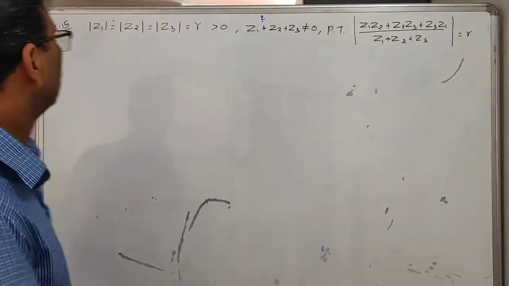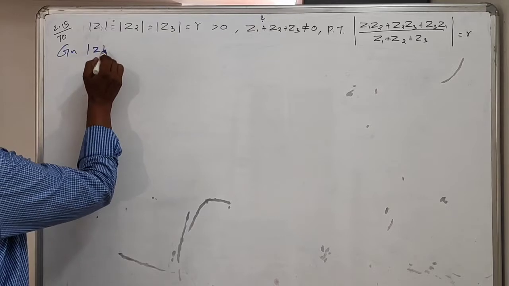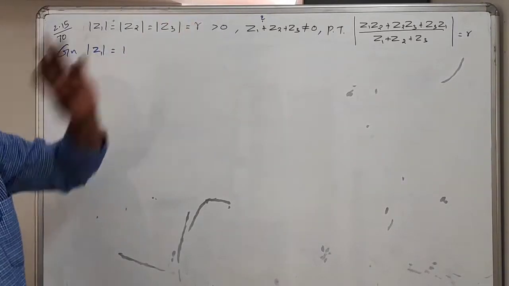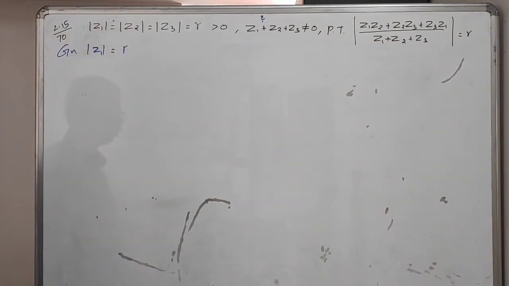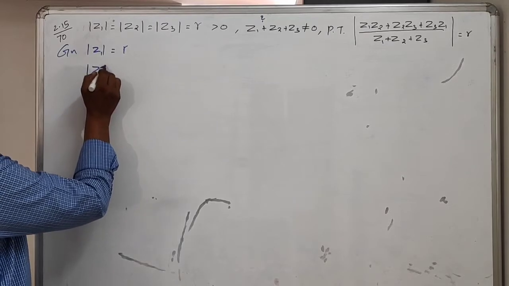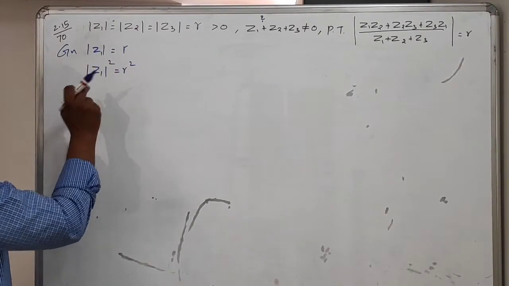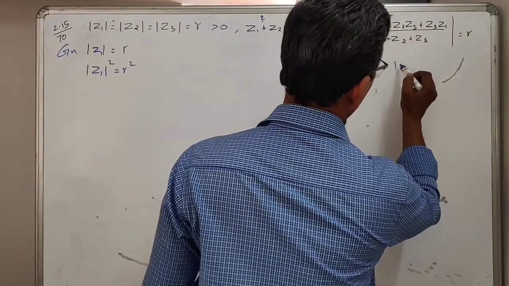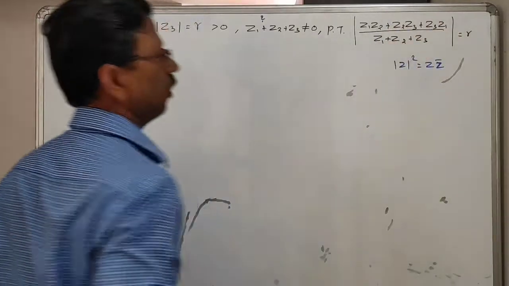In the previous problems, modulus Z1 is equal to 1 was given, isn't it? Instead of 1, what is given? R. Therefore, you can write modulus Z1 is equal to R. We know very well, squaring, modulus Z1 square is equal to R square. Now how do you write modulus Z square? Modulus Z square can be written as Z into Z bar like previous problems.